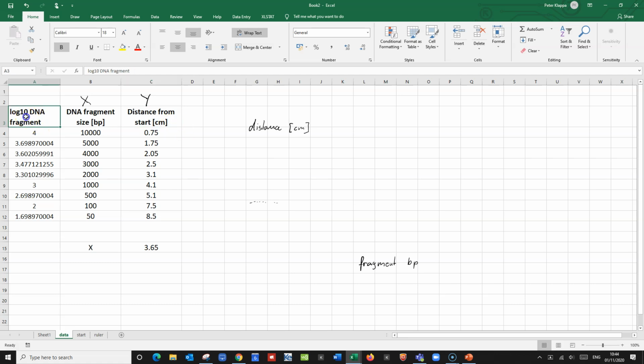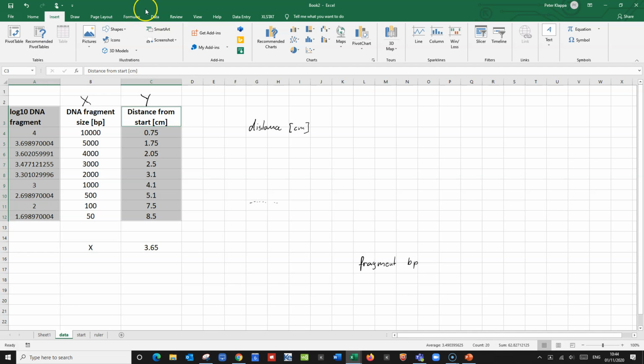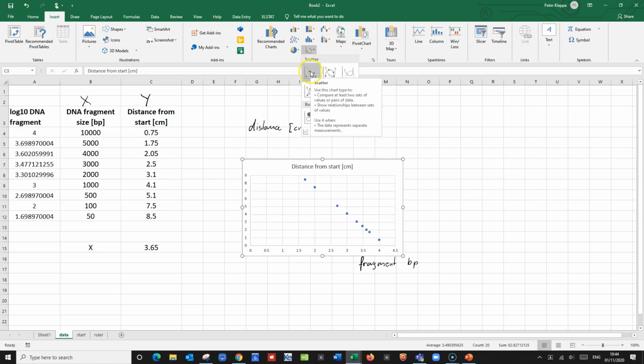Left mouse button clicked, and then on a Windows keyboard it's the Control left mouse button clicked, so I can highlight two separate columns. Now I do again the insert. I go to charts and I choose a scatter plot.